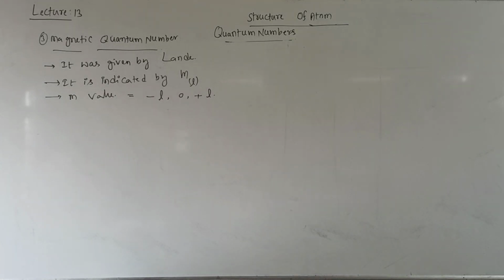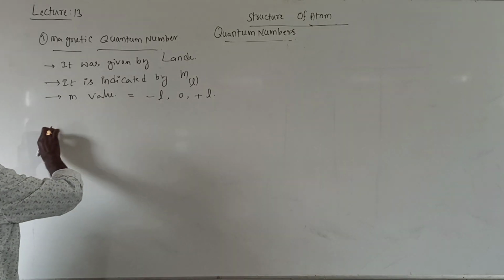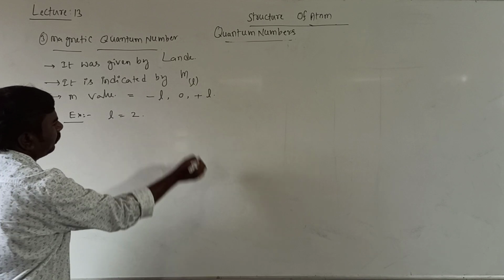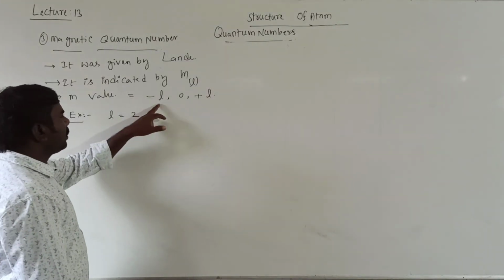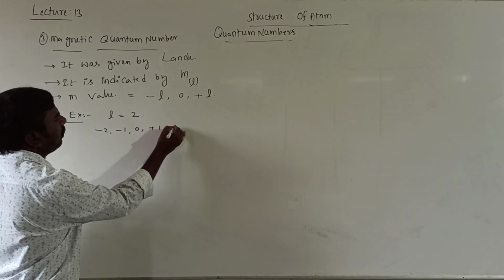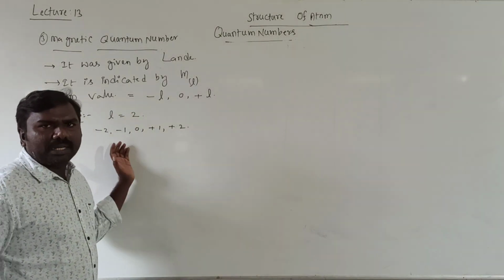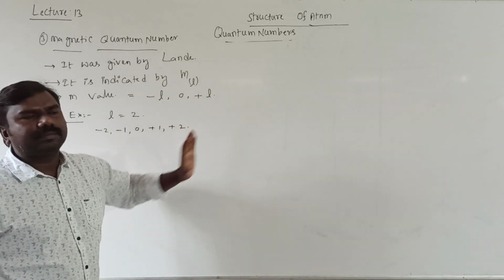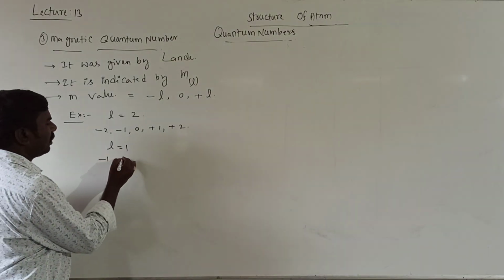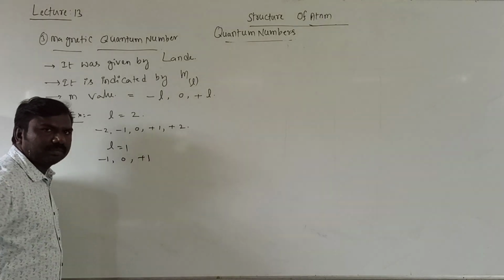Total number of possibilities. For example, l equal to 2 means minus 2, minus 1, 0, plus 1, plus 2, minus l to plus l. L equal to 1: minus 1, 0, plus 1.